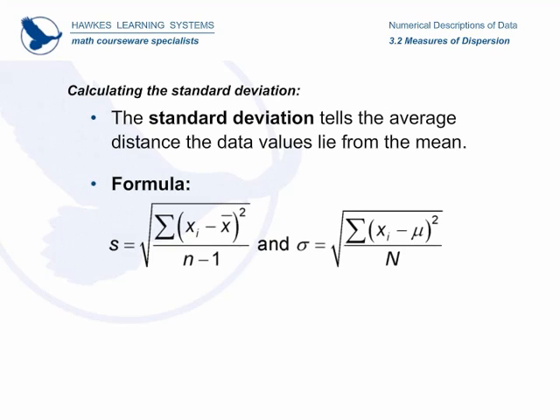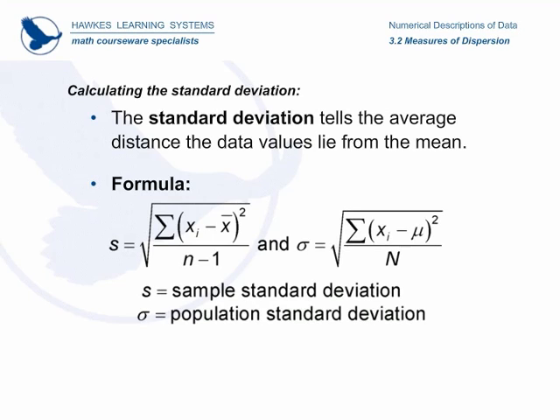So if you see a Roman symbol like S, that's an indication of sample data, and a Greek symbol like sigma indicates that we're taking a look at population data. S equals sample standard deviation, and sigma equals population standard deviation.